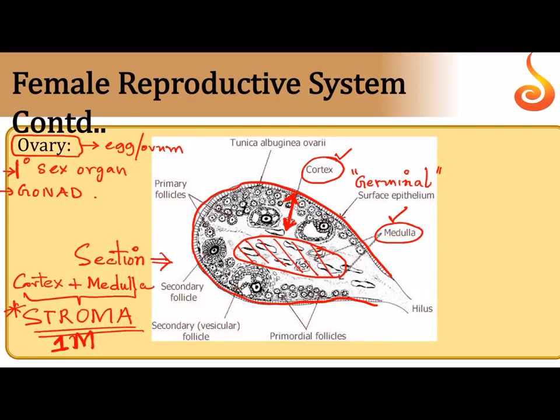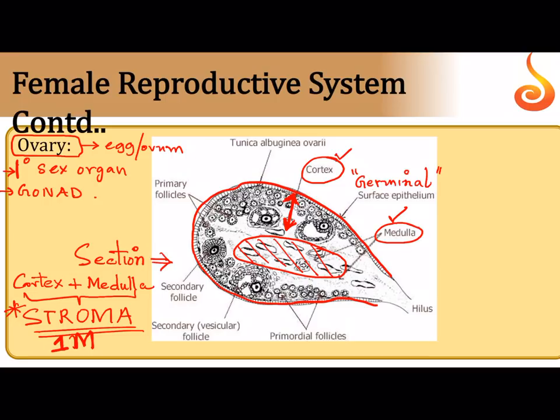What are the two zones in the ovarian stroma? The two zones in the ovarian stroma are the outer cortex and the inner medulla. And how would you visualize these two zones? For that, you will have to take a section, you have to cut open the ovary, and you can see two distinct zones. What are the structures which you find in the cortex and the medulla?